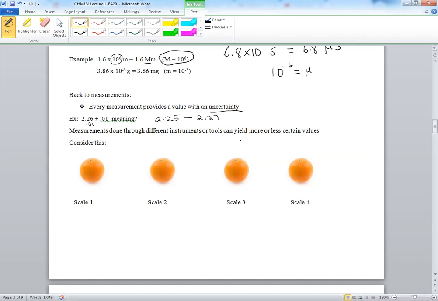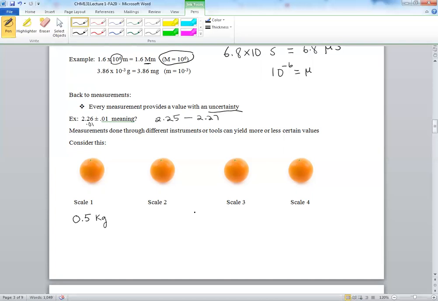So let's look at another example. If we have an orange here and we have 4 scales, and these scales are different in this sense. Let's say the first scale only goes to 1 decimal place. When you weigh this, you get 0.5 kilograms, or half a kilogram.